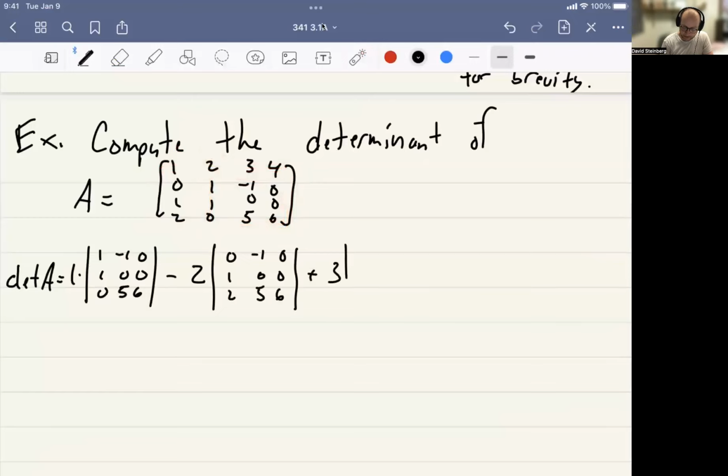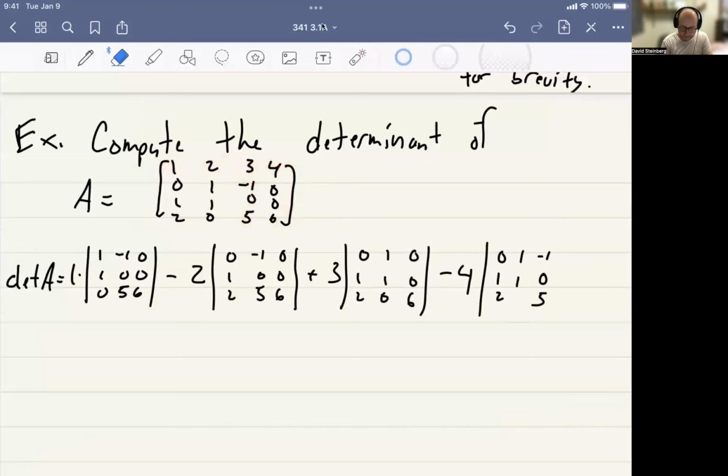Plus 3 times the determinant of the 3x3 matrix we get by deleting the row and column that 3 lives in: 0, 1, 2, 1, 1, 0, 0, 0, 6. And finally, minus 4 times 0, 1, 2, 1, 1, 0, negative 1, 0, 5. Okay.